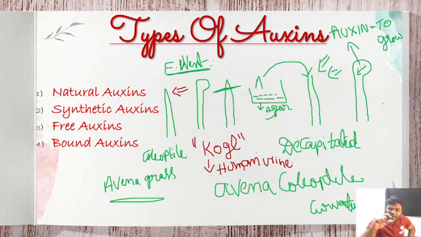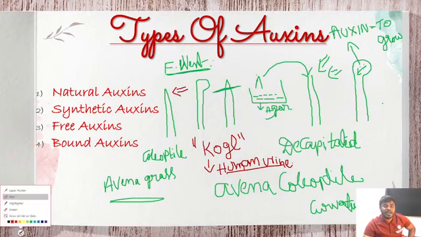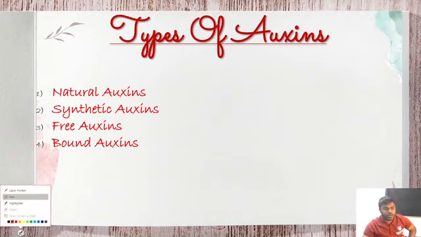Actually, at a very, very low concentration only, auxin was identified in human urine. But till today, we don't know exactly what the role of auxin in human urine is. Remember, friends, don't forget that. This is the simplified experiment performed by Cis vent to prove the existence of auxin.